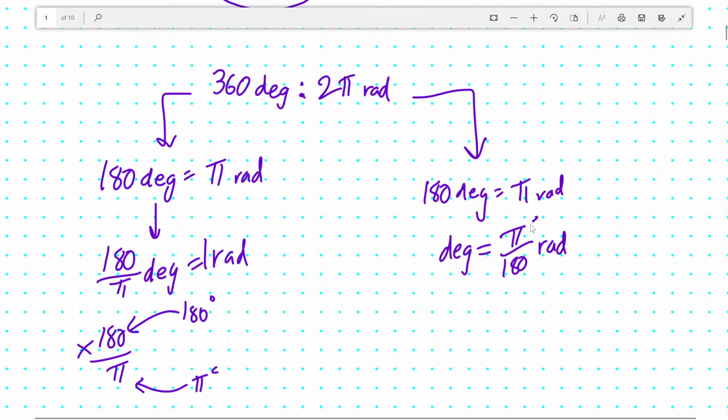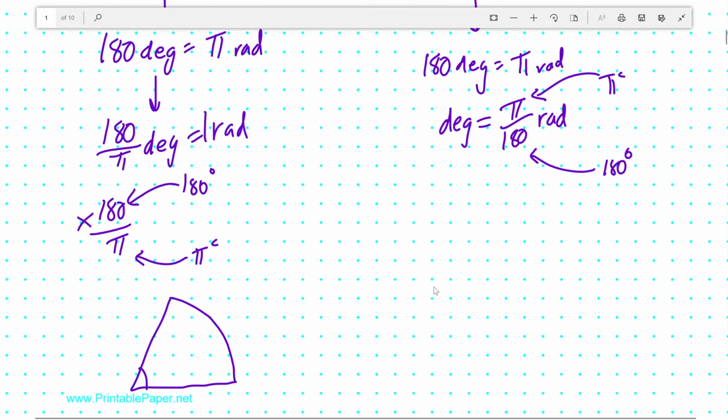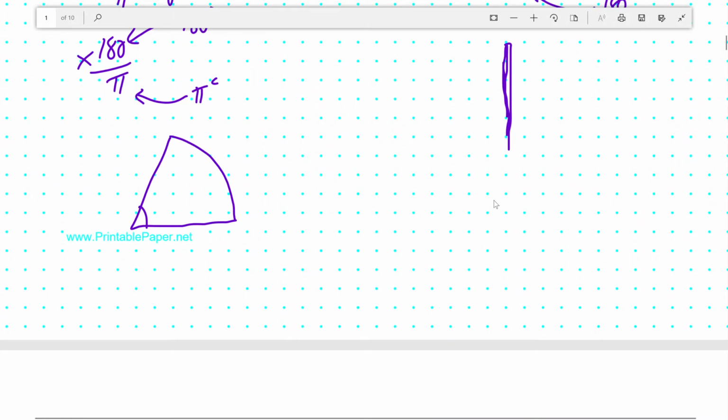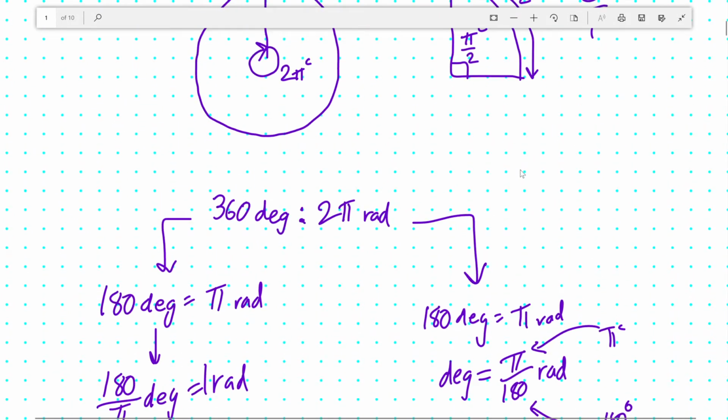And that's because in pi radians there are 180 degrees. To give you context, a degree is an extremely small unit of angle, something like this, but yet smaller. This angle here is perhaps 2 or 3 degrees, if you can even call it an angle with this horrific triangle here.